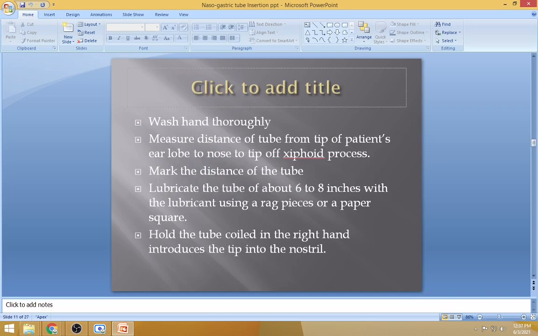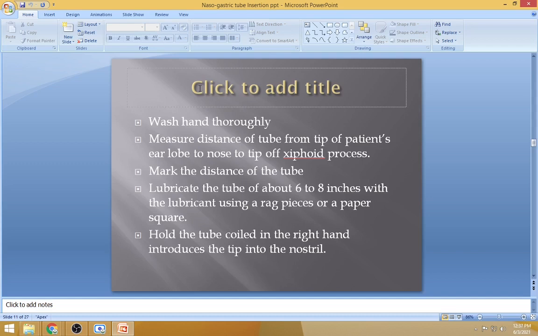Then what you will do before starting any procedure? First, we wash our hands. Then we confirm the patient and position the patient. Yes, very good. Then mark the distance of the tube.